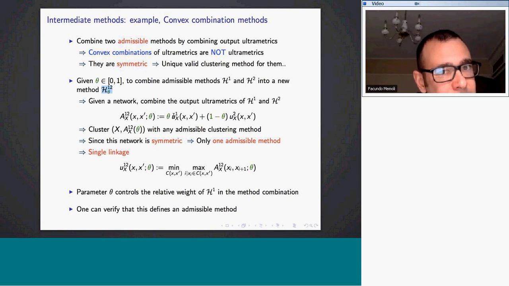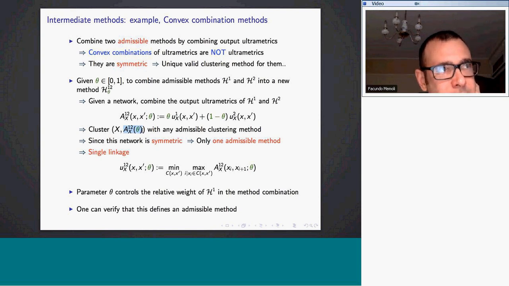You will get ultrametrics u1 and u2. Then a new dissimilarity on x is defined, and that dissimilarity is very simple. You just take the convex linear combination of the 2 ultrametrics and use it for each pair of points. So that is A_X super 1,2 of theta. Now, because ultrametrics are symmetric, this new dissimilarity will be symmetric.